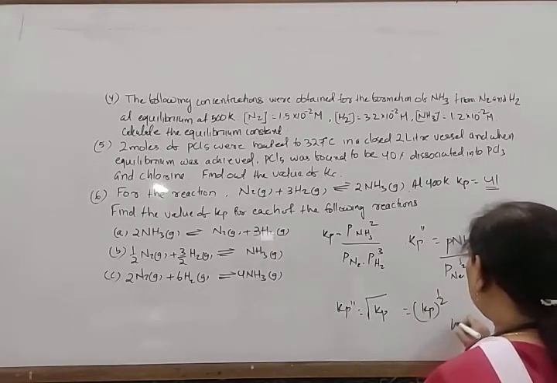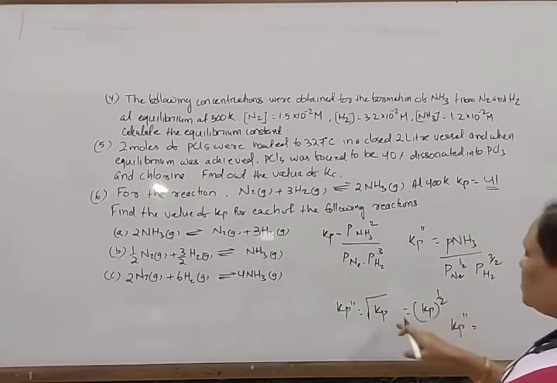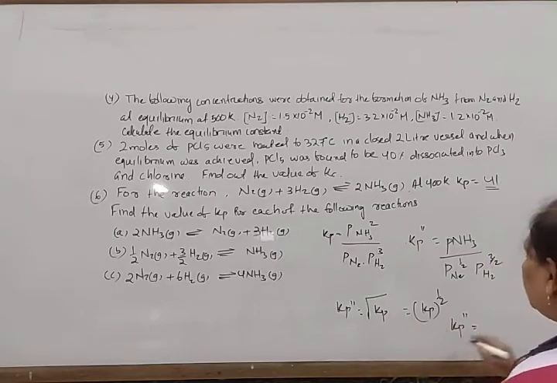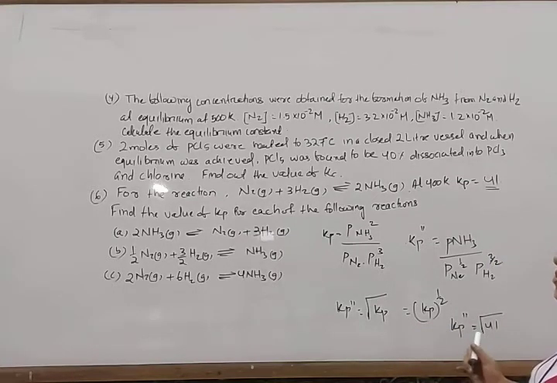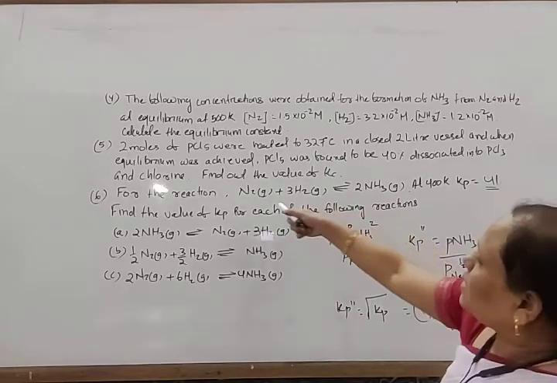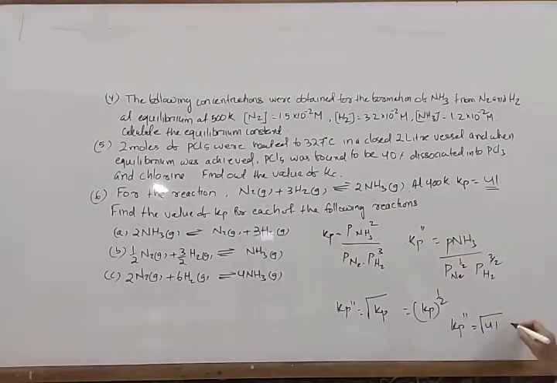So the Kp value given is 41. The square root of 41 is nearly equal to 6.4.